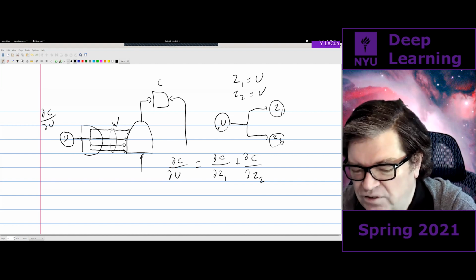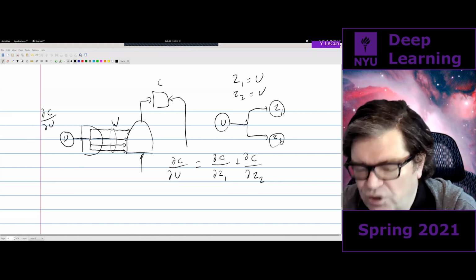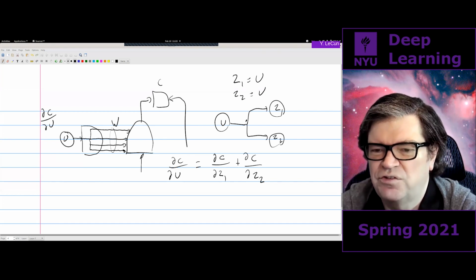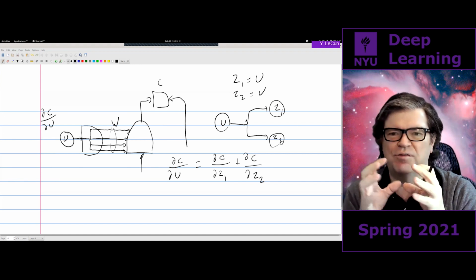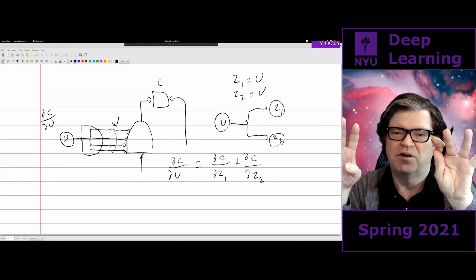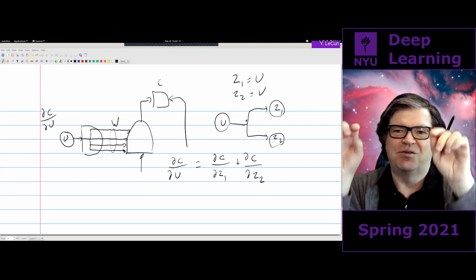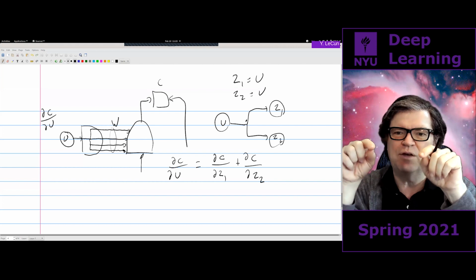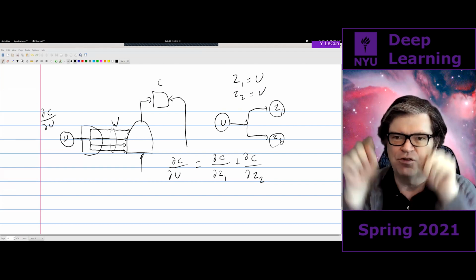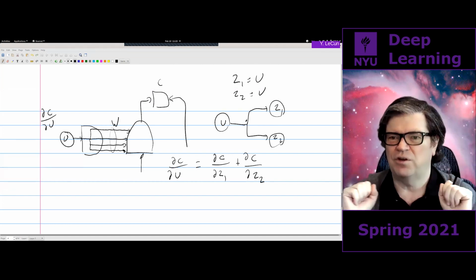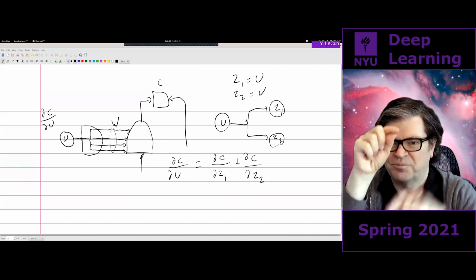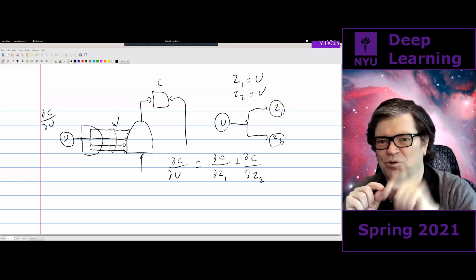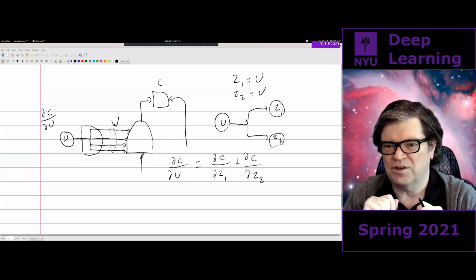Okay, it's very easy to understand. First of all, it's a direct consequence of the general form of chain rule, which I wrote last week, which is that if you have a variable that influences multiple variables, the gradient of some subsequent cost function with respect to this variable is the sum of the gradient with respect to each of the variables that it influences times the derivative of each of those variables with respect to itself. And this is just a special case.